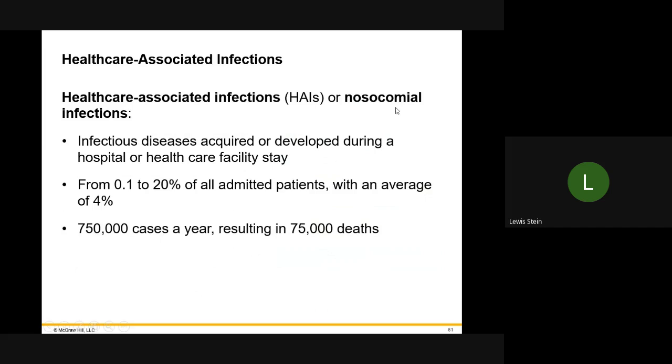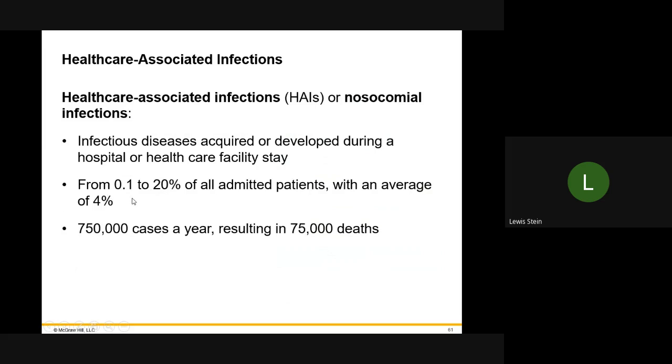But HAIs, or nosocomials, are acquired or developed during a hospital or healthcare facility stay, and particularly in some other area. Okay, I mean, we understand if somebody had an operation and ended up with pneumonia, which is not that unusual, that's probably not going to fall into it, though they're going to include it statistically. 0.1 to 20% of all admitted patients, with an average of about 4%.